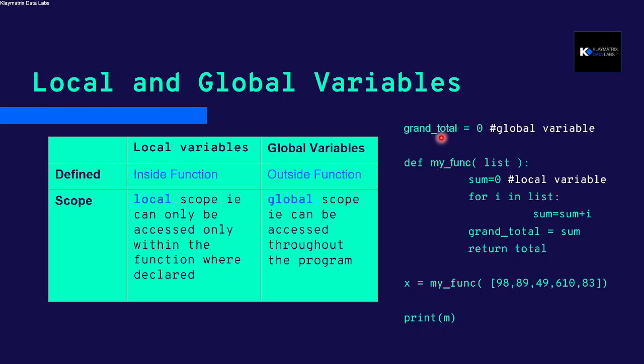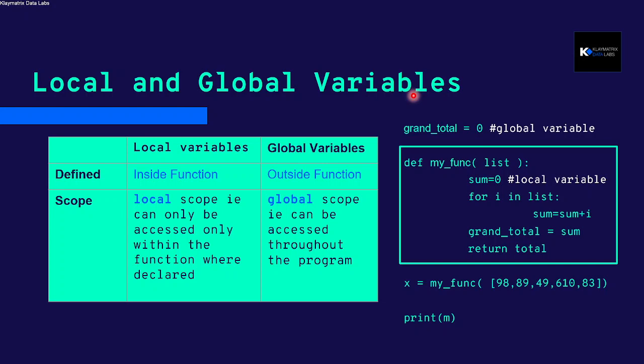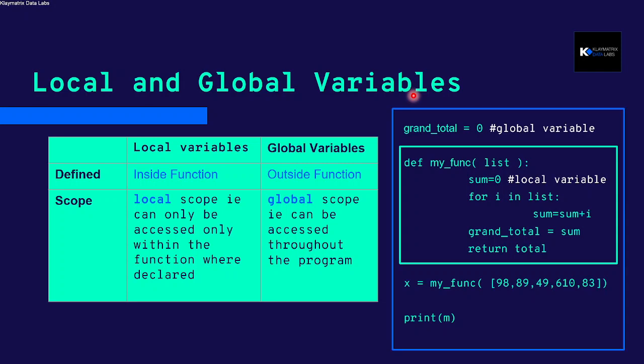In this case, I'm defining this variable outside the function, so this becomes a global variable, whereas this becomes a local variable because this is defined inside the function. This is the area where local variables are accessible, and this is the area where global variables are accessible.